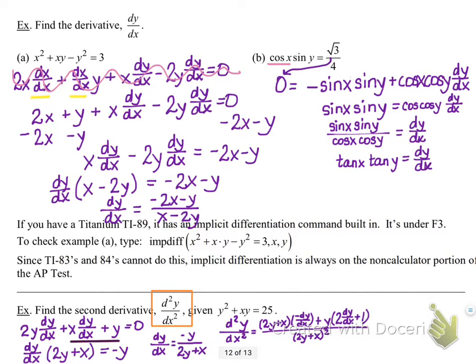I would say about 50% of the students in BC who take the AP exam forget to plug in the value of dy dx. You know what dy dx is. It is right over here. So now you can use it.